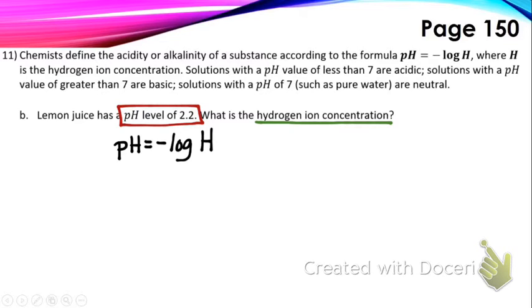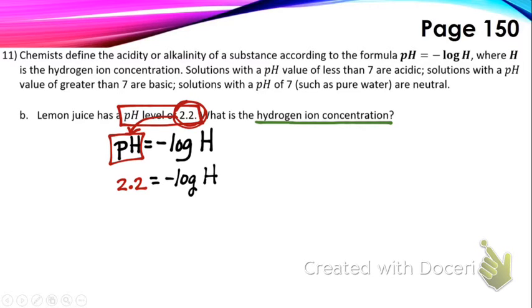Where do I put that 2.2? That's my pH level, so this 2.2 goes in here, taking the place of this. So I'm going to have 2.2 equals negative log of H.